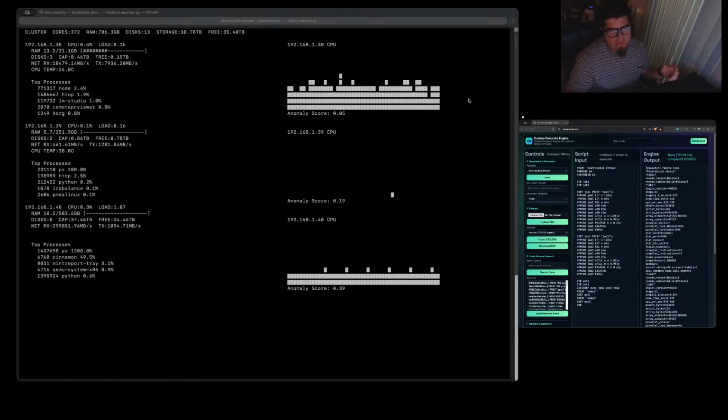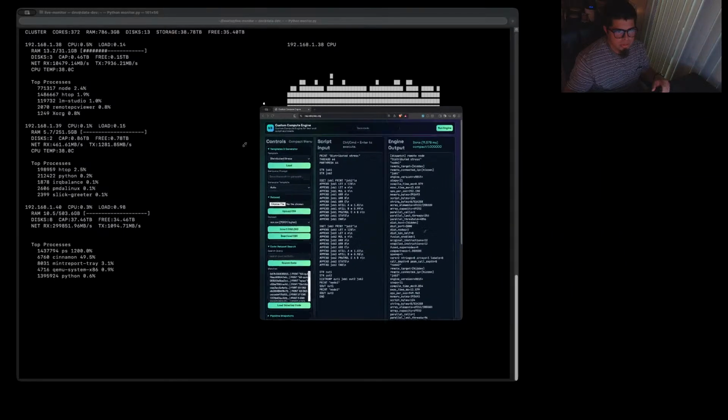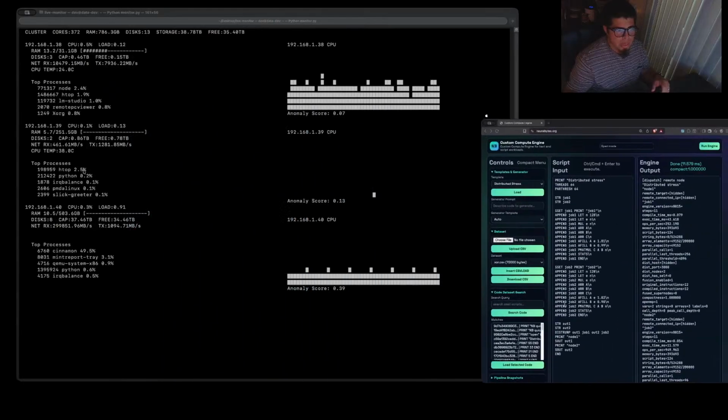I'm sort of reinventing the wheel a little bit here, but I wanted to show you that when I do a distributed test, because I already have those 2 machines as part of the node, watch them spike together. That's how I know it works.